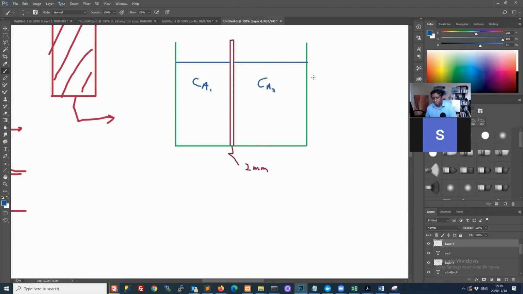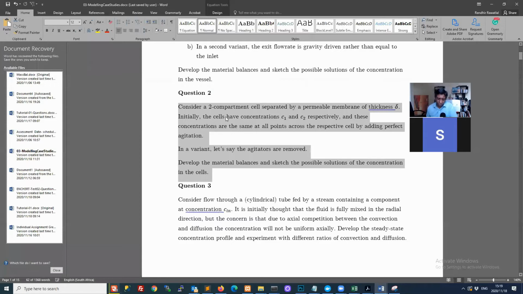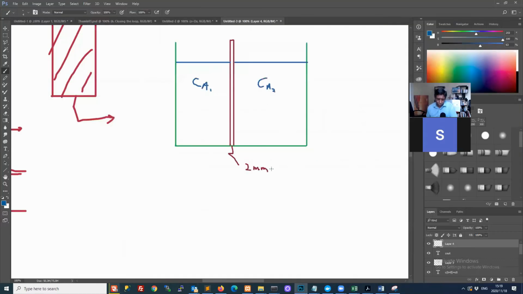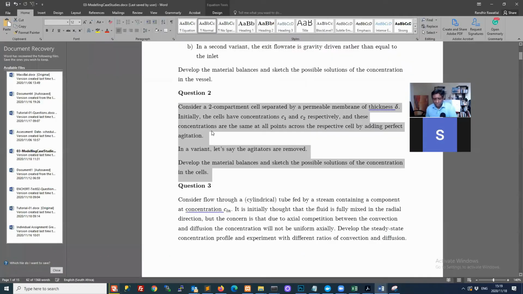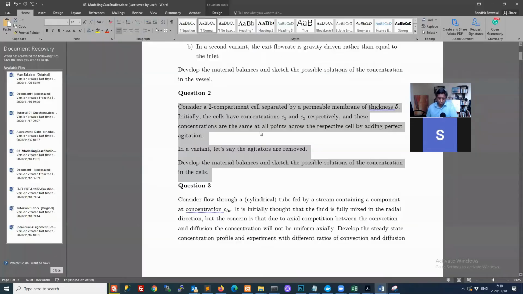And then the default in this problem is that they are perfectly mixed. So you've got a two-compartment cell separated by a permeable membrane of thickness delta. So it doesn't say 2, it says delta. So the thickness is delta. And then initially we have concentrations C1 and C2. I said Ca1 and Ca2, never mind.